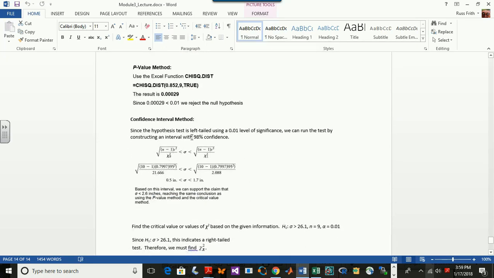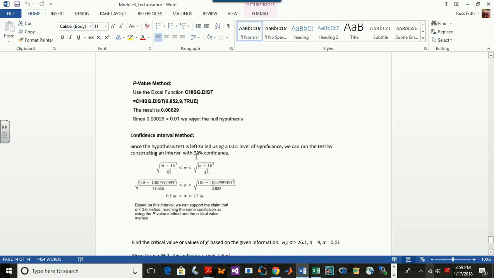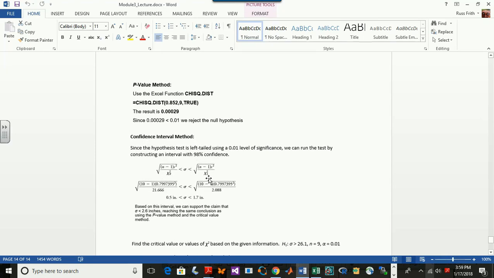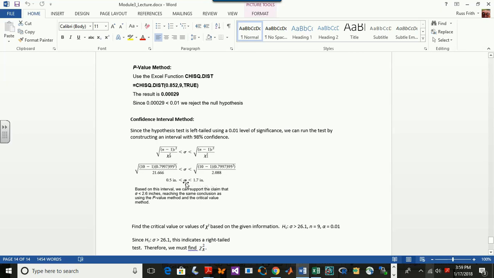You can also use the confidence interval method, in which case you can compute the chi-squared R and chi-squared L, and you would have to have alpha. So check out these numbers, 21.666 and 2.088. You'll notice that 2.6 is outside of the interval, and if that's the case, then it is in the reject null hypothesis region.